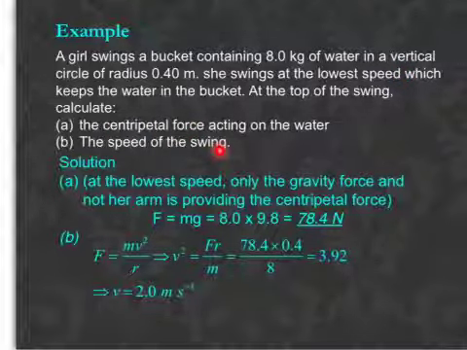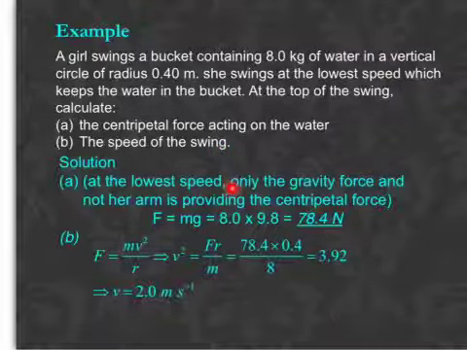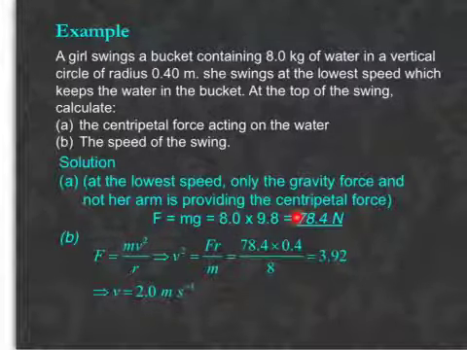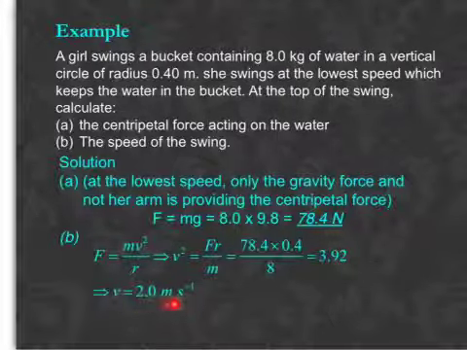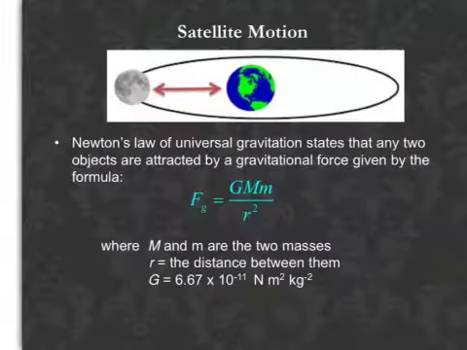The centripetal force at the lowest speed is simply the weight of the bucket with the water, so it's easy. And then, using the figure of centripetal force, we can apply this formula and make v the subject to work out the corresponding lowest speed.